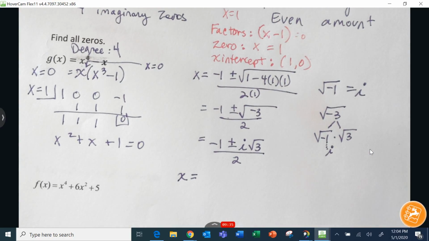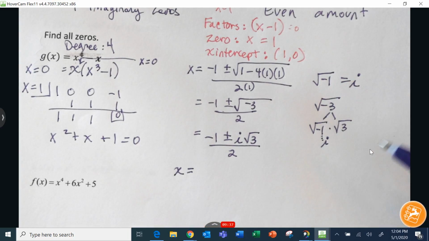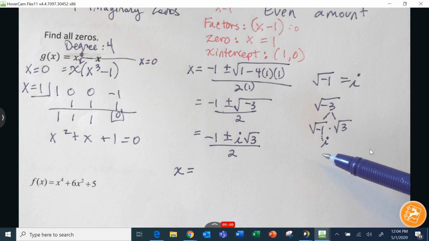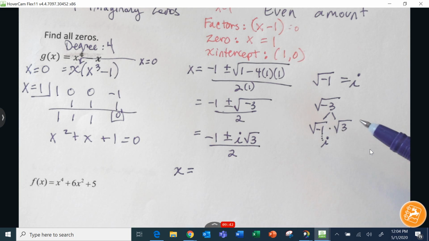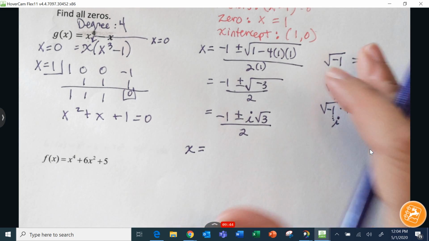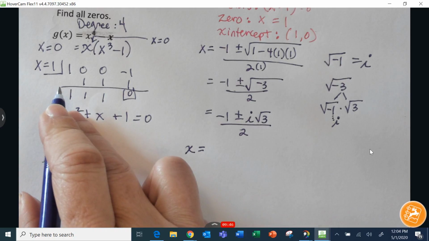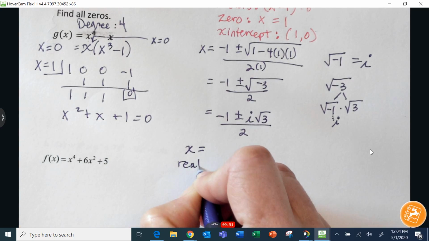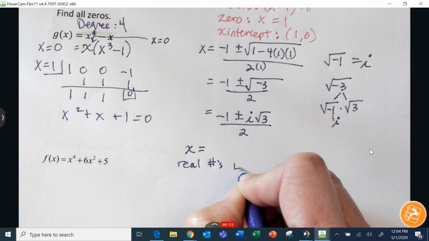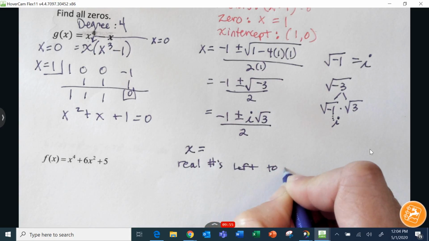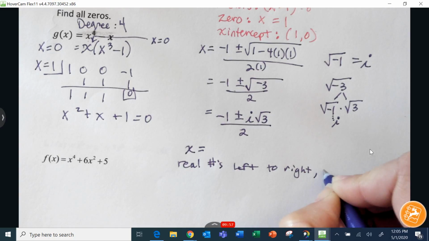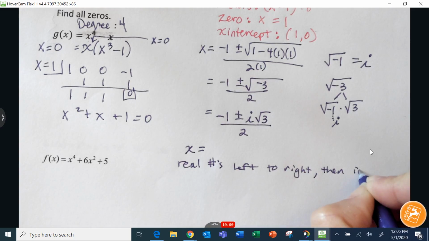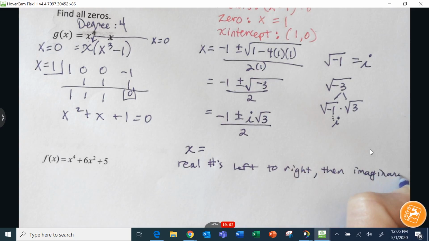And can't really write imaginary from left to right because they don't show. So this is how you're going to answer your questions on today's assignment: you're going to put real numbers left to right, then imaginary, negative to positive.